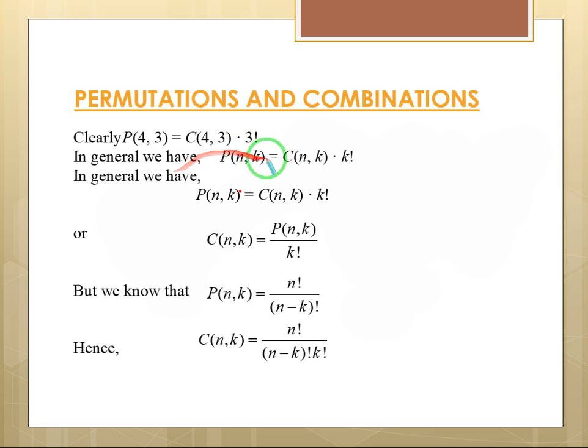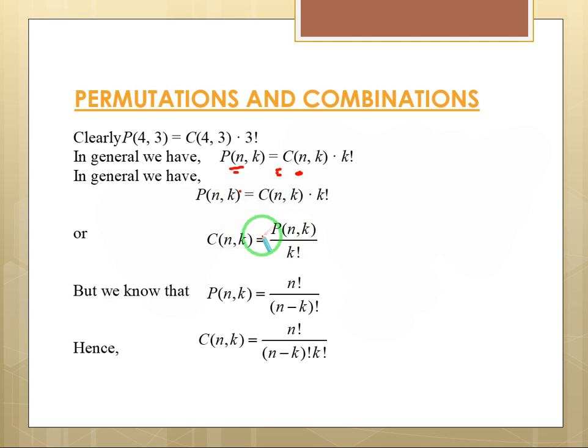So in a general way we can say that the permutation P(n,k) is equal to the combination C(n,k) multiplied with k factorial, okay. So just keep in mind, this is basically the formula where we can say that the permutation is equal to combination times k factorial. So P(n,k) is equal to C(n,k) times k factorial, and also we can represent it like this: C(n,k) is equal to P(n,k) divided by k factorial.